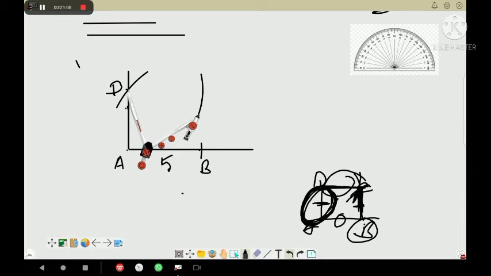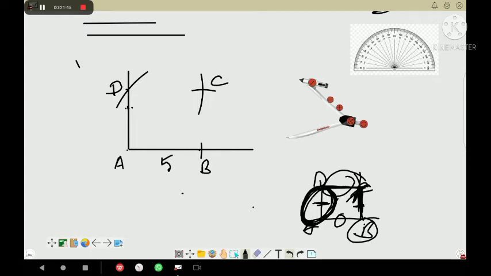That means first we take the measure of AD, and we know that AD is equal to BC. So from B, if we draw another arc with the length AD, then we will get one point, and this point is the point C.